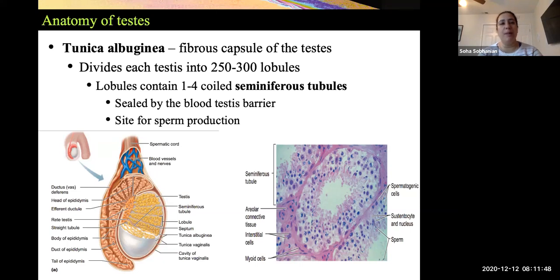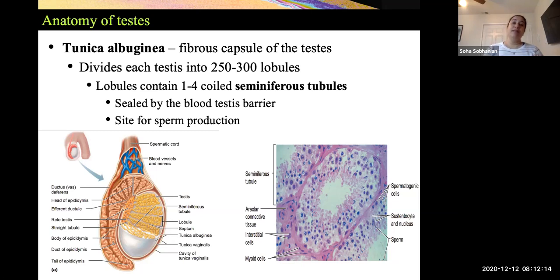So tunica albuginea is going to encase and divide your testes into these little segmentations. This is one, this is another one, this is another one. These segmentations are called lobules, which basically means little lobes. In each testis, there are about 250 to 300 of these little lobes.